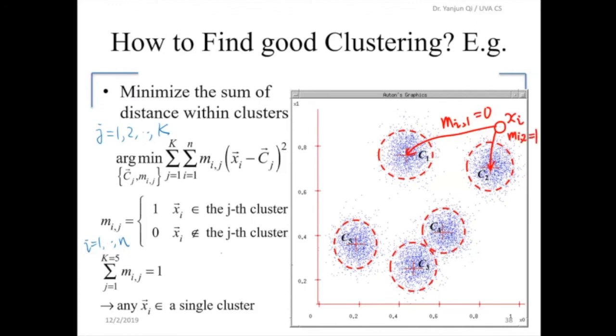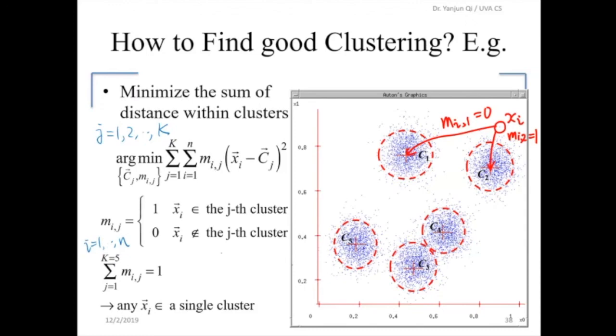The contribution of this point to that cluster is 0 because it's not in the cluster at all. So it's equivalent to only summing the points that belong to my cluster, and I'm summing over all the clusters together. So this is a very intuitive definition of within cluster similarity.